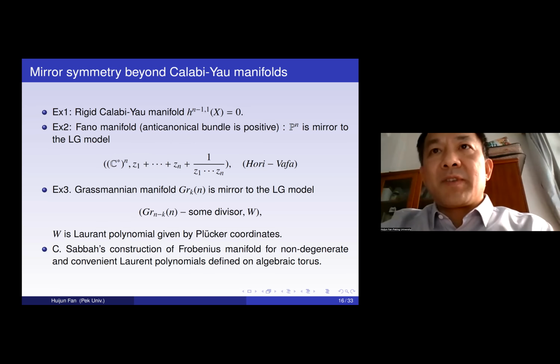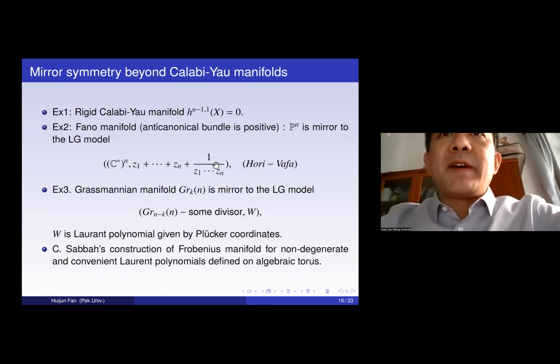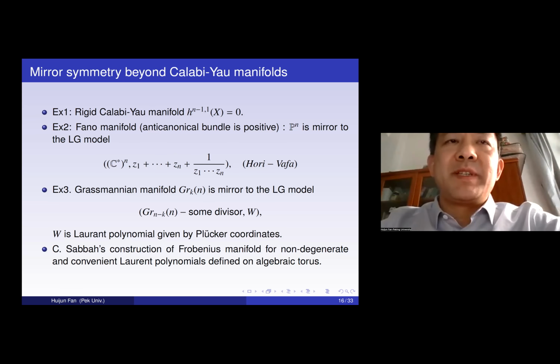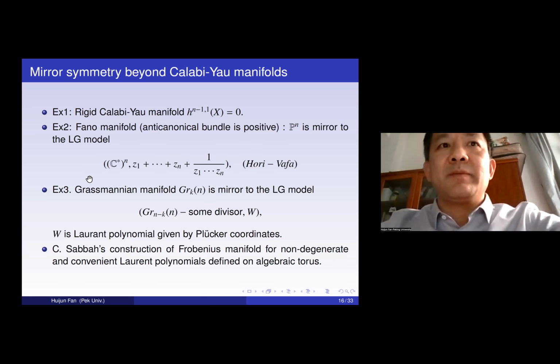By holomorphic construction, P^n is mirrored to an LG model. This LG model consists of an algebraic torus (C*)^n with a Laurent polynomial Z1 + ... + Zn + 1/(Z1...Zn). So this is a famous example to show the mirror symmetry between P^n and the LG model.